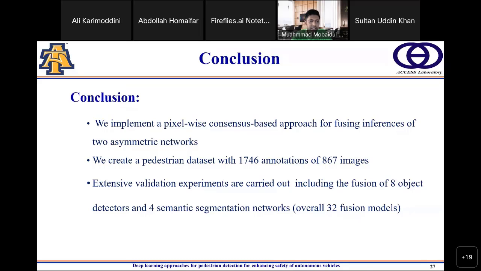Extensive validation experiments are carried out, including the fusion of 8 object detectors and 4 semantic segmentation networks, overall 32 fusion models. These 32 fusion models are applied on 2 different datasets, so in total, we showed the results of 64 different models.